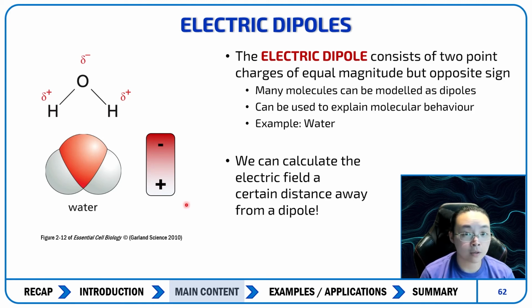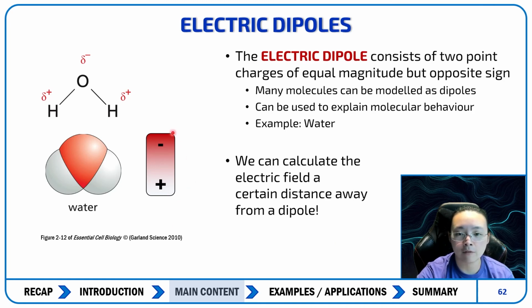Many molecules can be modeled as dipoles, and this can be used to explain molecular behavior. As you study and move on through biophysics, life physics, or medical physics, you'll see that a lot of examples within the human body or in chemistry result from electrostatic interactions between different molecules in our bodily systems.